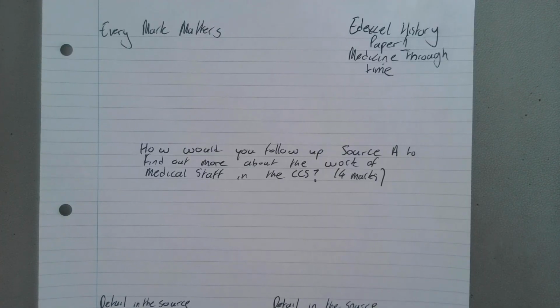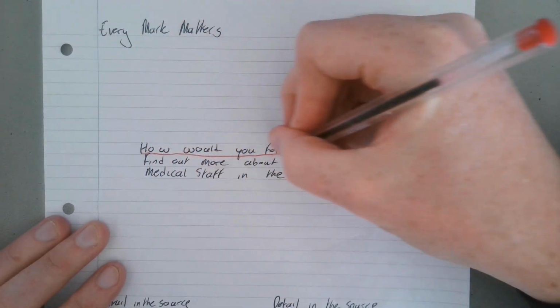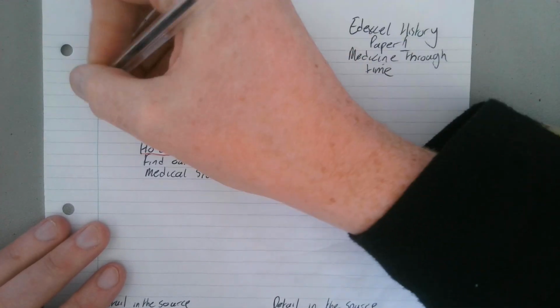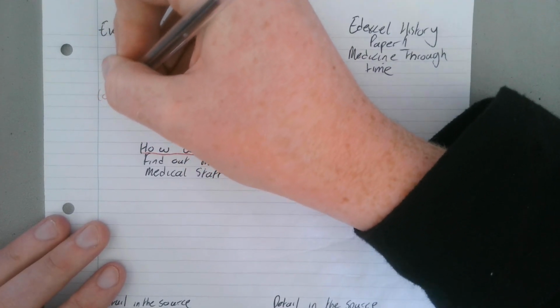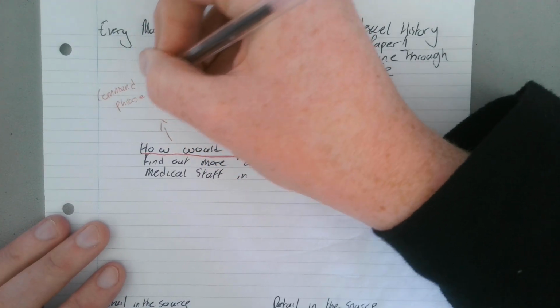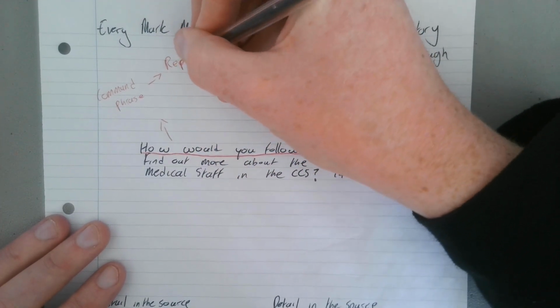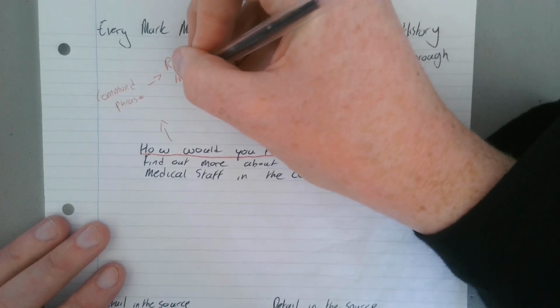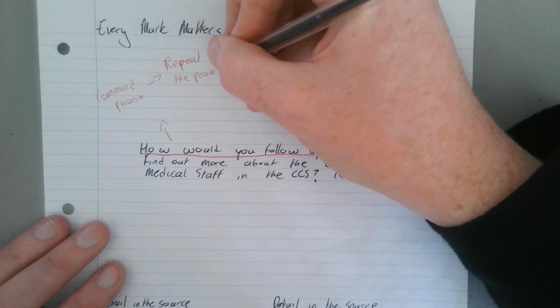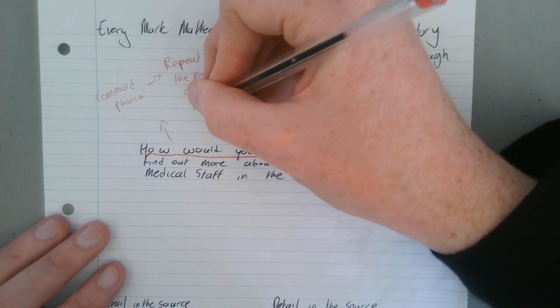Now this is a very tricky question, and what I'm going to do is, again, break it up. Okay, so again, our command phrase here is how would you follow up, and what this question specifically wants you to do is repeat the process of the historian.